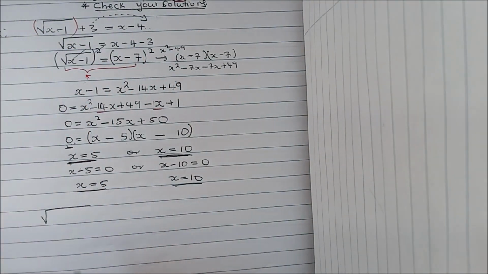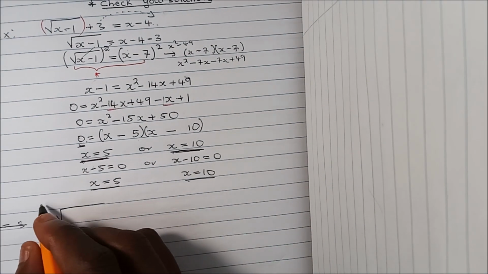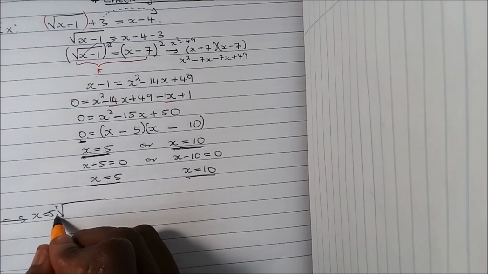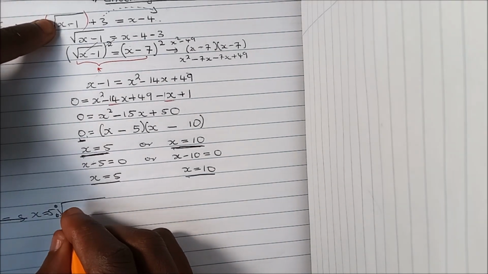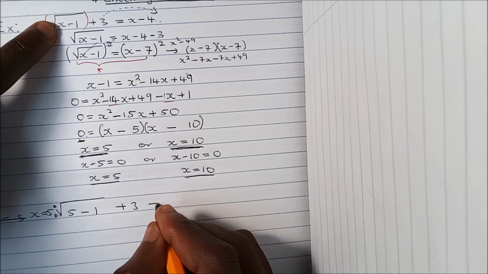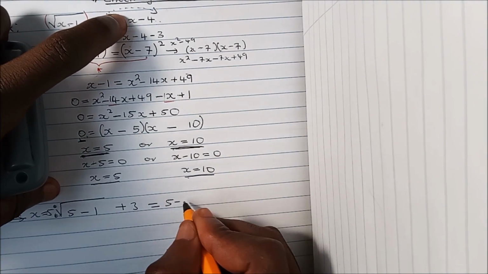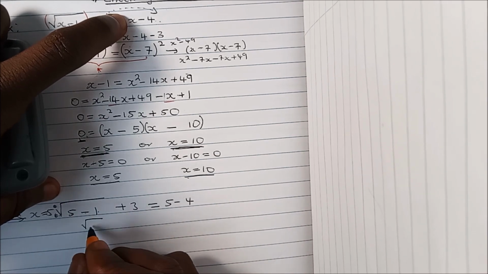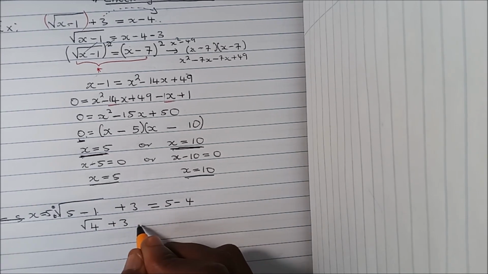So now let's substitute. Let's say we're checking for x equal 5. Let me use this. So now what is the value of x? So we have 5 minus 1 plus 3 equal. What is x here? What is x there? It's 5 minus 4. So now here we will have 5 minus 1, that's 4, and then plus 3 equal.